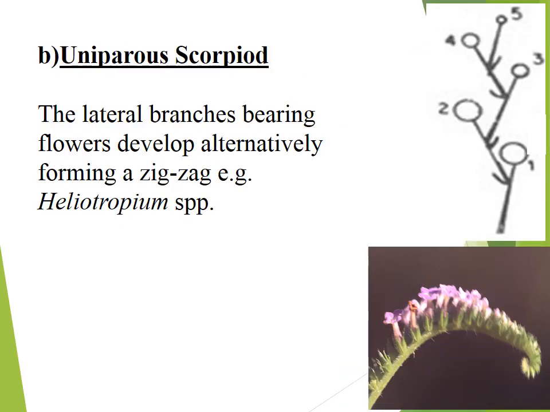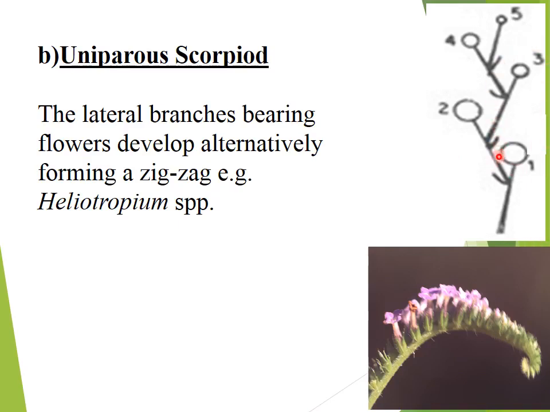Uniparous scorpioid. The lateral branches bearing the flowers develop alternately, forming a zigzag manner. For example, here see the fashion of the structure. On the main axis the flower is formed, growth will stop.